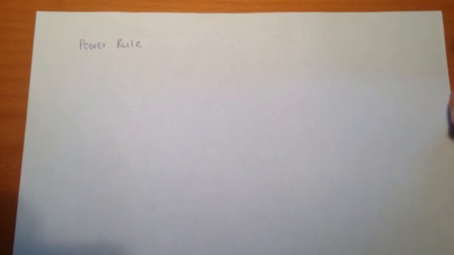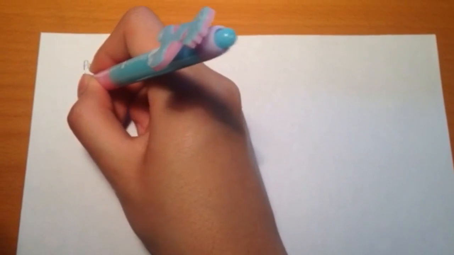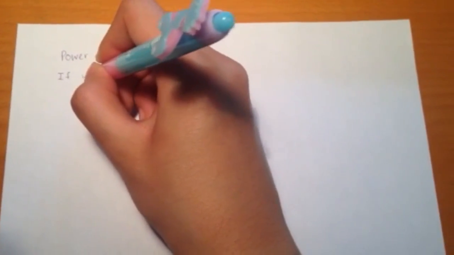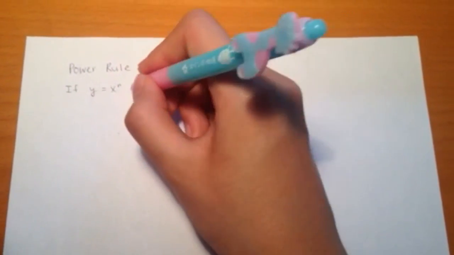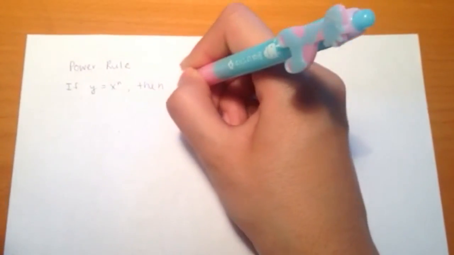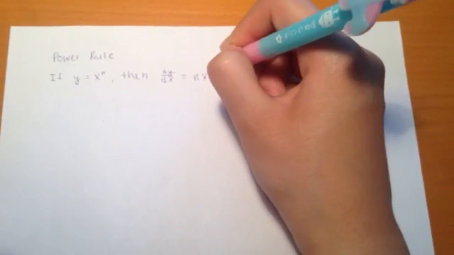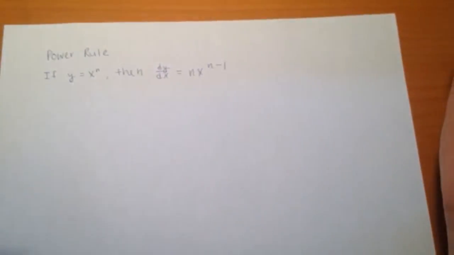The power rule is a shortcut to taking the derivative. If y equals x to the n, then dy/dx, the derivative, equals nx to the n minus 1.